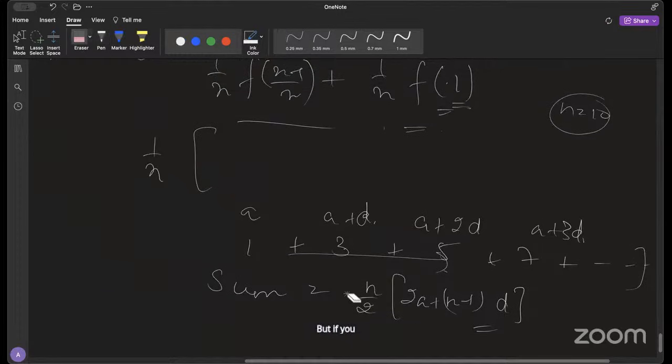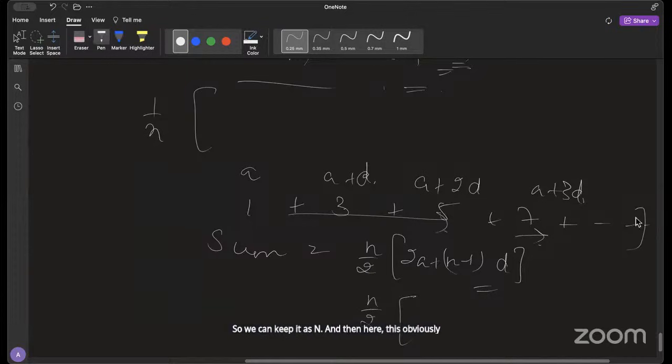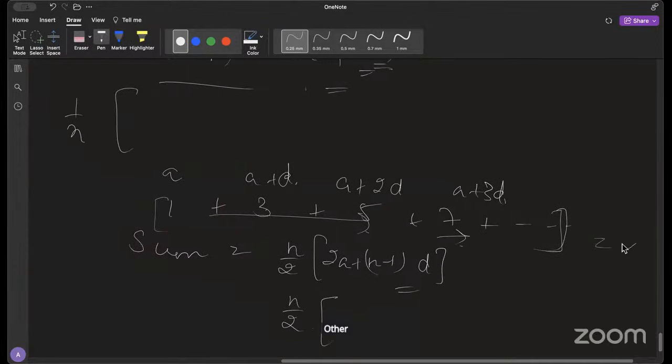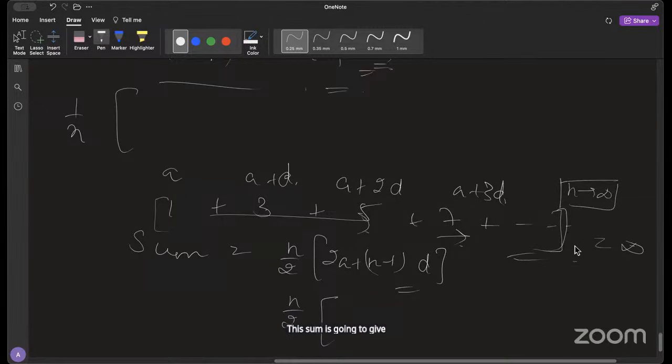But if you've not been given that n, then you can simply keep it as n. You have to stop this sum somewhere, right? Otherwise, if you take n tending to infinity, this sum is going to give you infinity.